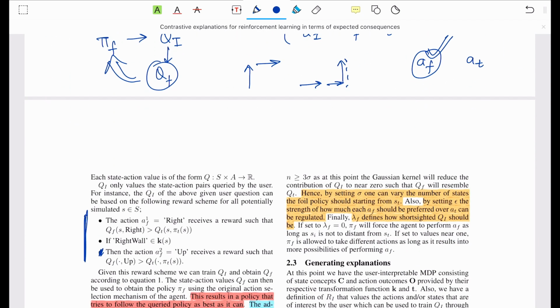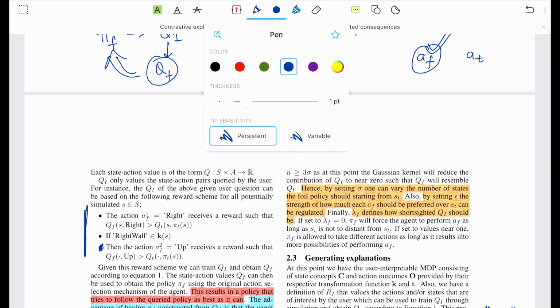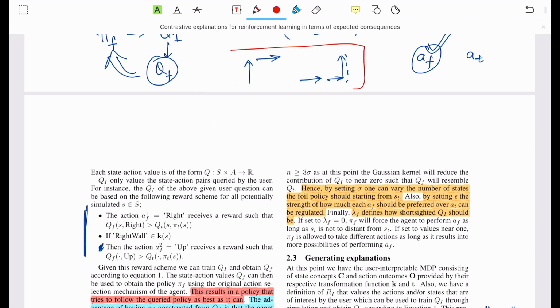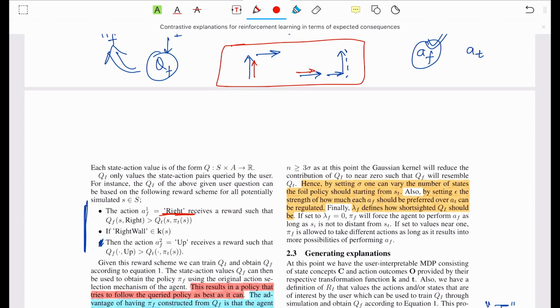Now, in this situation, when the agent takes this right action, we'll give more reward instead of when the agent takes the up action. When the agent hits a wall, that is, when this concept is true, we give more reward when the agent takes the up action instead of this right action.